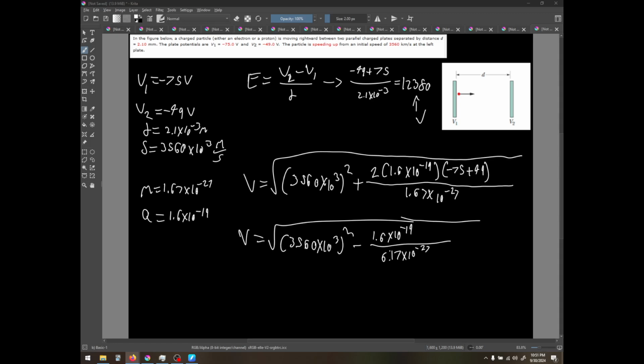Okay, so if I do negative 49 plus 75, that gives me 26. And they have just a 2. Where did they get that 2 from? Instead of 9 times 10 to the 4th, I've got 3560 times 10 to the 3rd. Can you guys guess what I'm getting?